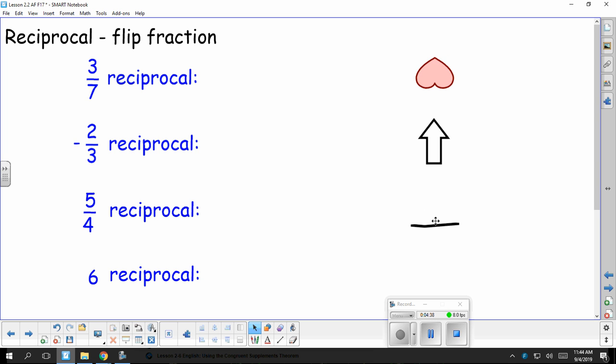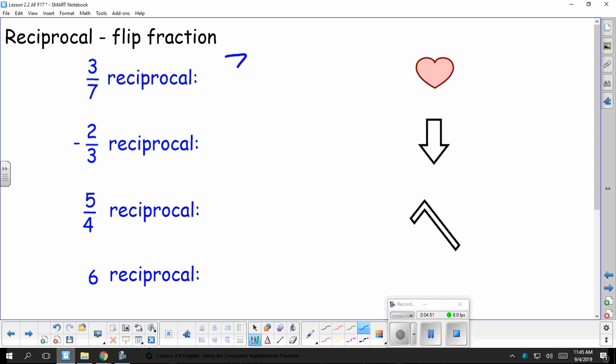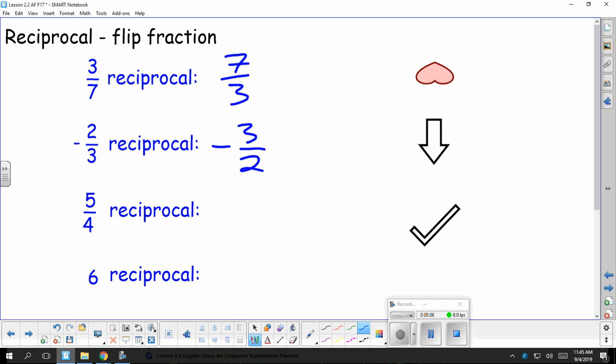So the reciprocal of 3 over 7, or 3/7, is going to be 7/3. So we're going to flip that over. The reciprocal of 2/3 or negative 2/3 is just going to be negative 3/2. All I'm doing is flipping that over.